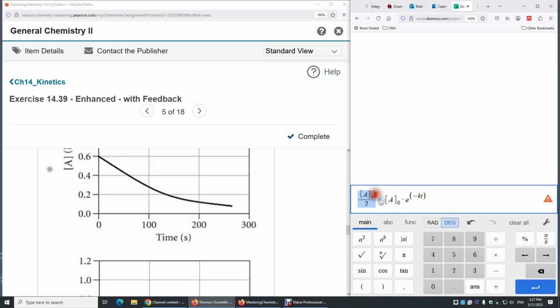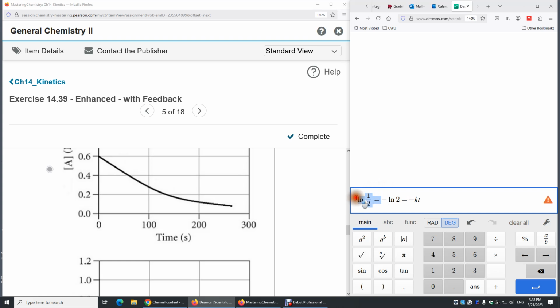We cancel the A naught and A naught, and we have this equation. Now we take the logarithm of both sides, and we get that this is equal to negative kt. The natural logarithm of 1/2 is negative ln2.